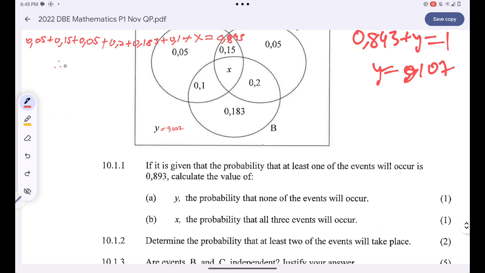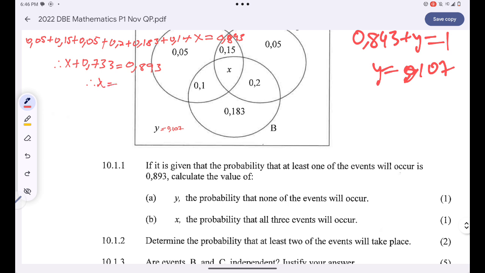So therefore I'll have x plus 0.733. This is equal to 0.893.